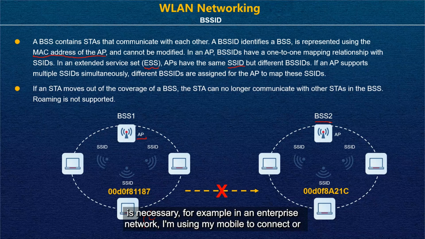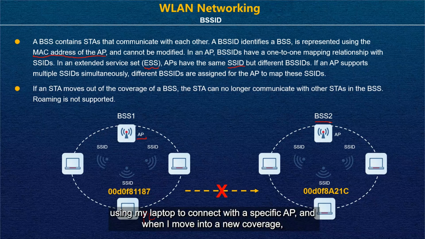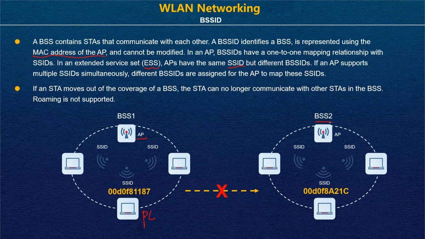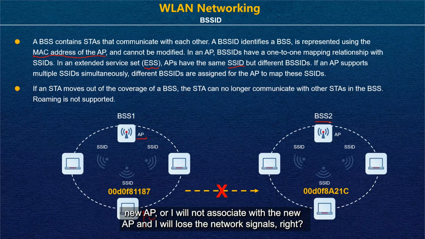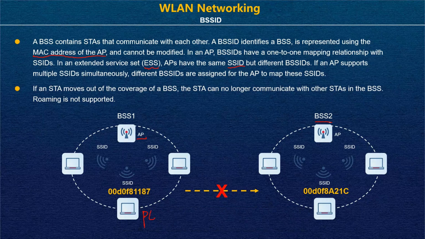For example, in an enterprise network, I'm using my mobile or my laptop to connect with a specific AP, and when I move inside the coverage of another AP, if it does not support roaming, I will not associate with the new AP, and I will maybe lose the network signal, right?